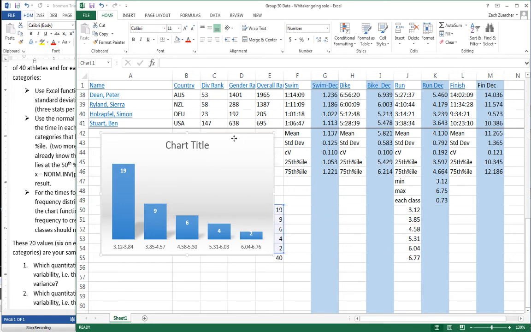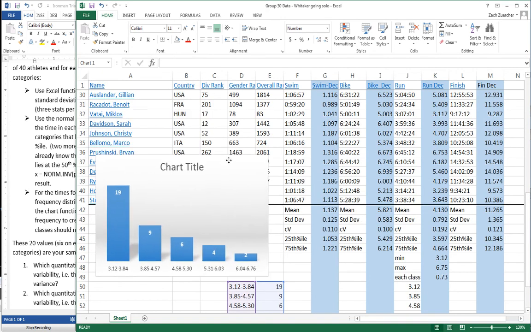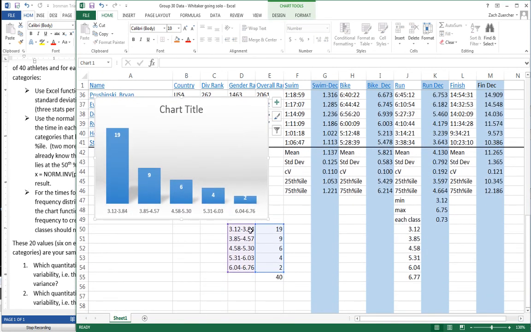And then over here, build your classes from here. 3.12, we just went up to 3.84. And then the next one went up to 4.57 and 5.30. That way each of the classes started at these numbers. And then finally, the top class went from 6.04 to 6.76.